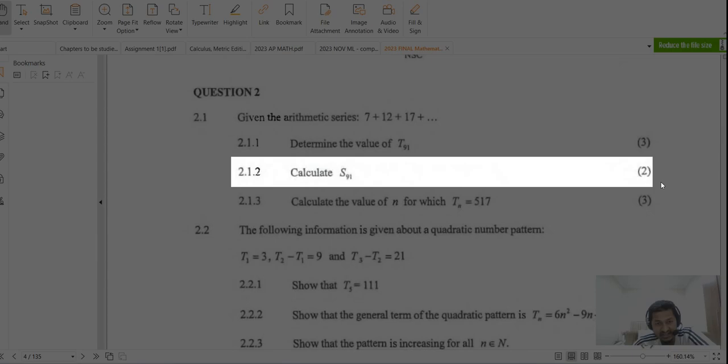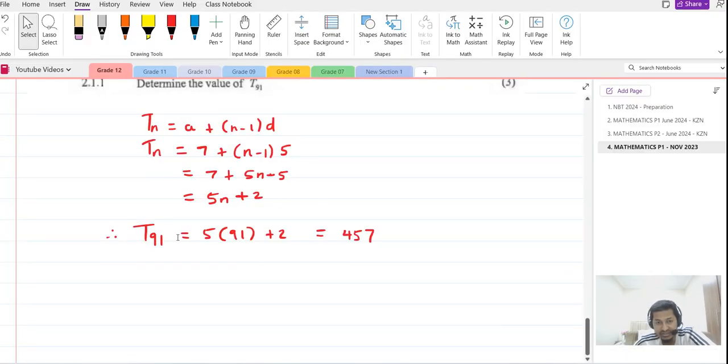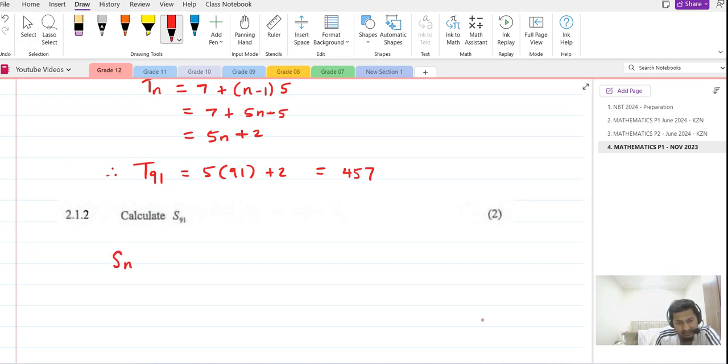Now remember, you calculated the 91st term, which is the last term in this series. So if you want to find S91, we can use the Sn formula, which is n over 2. Now don't use 2a plus n minus 1 d, use a plus l.